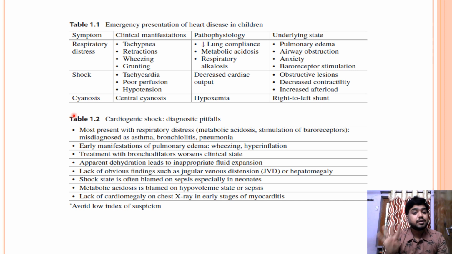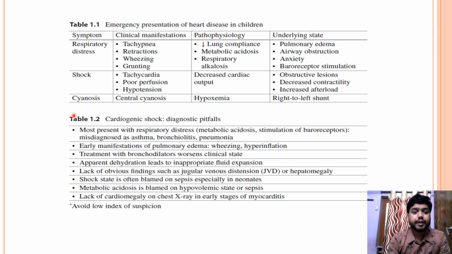Always remember, this need not be a respiratory case, it can very well be a cardiac case also. This is usually accompanied by metabolic acidosis and respiratory alkalosis because of tachypnea washout. The underlying pathophysiology could be cardiac origin pulmonary edema, airway obstruction, or anxiety.